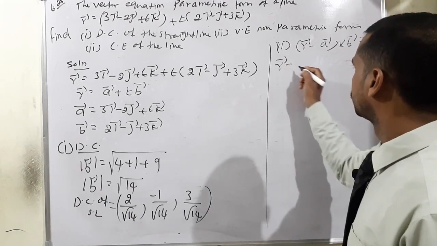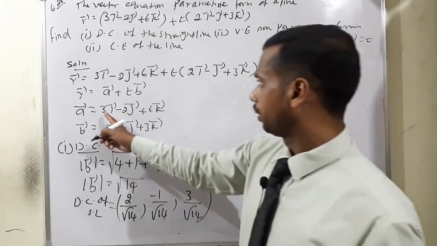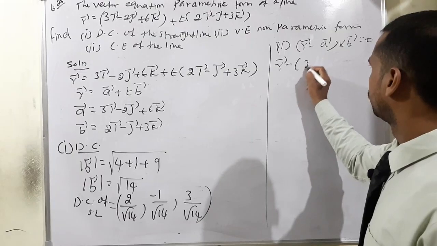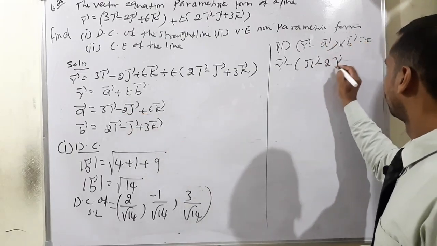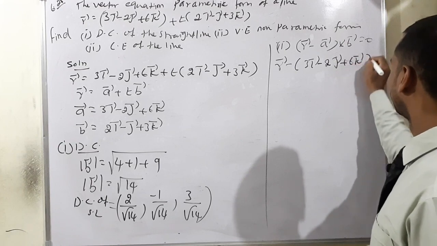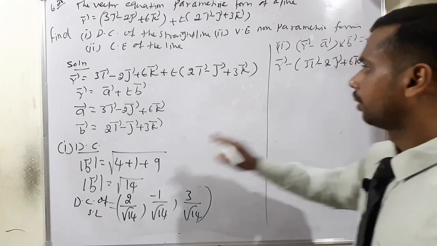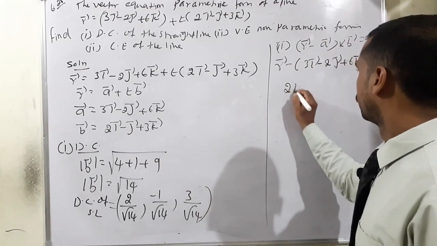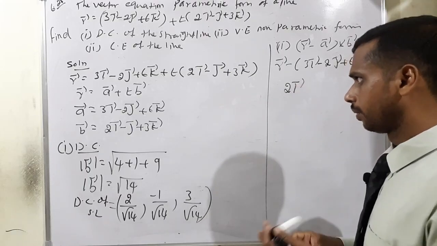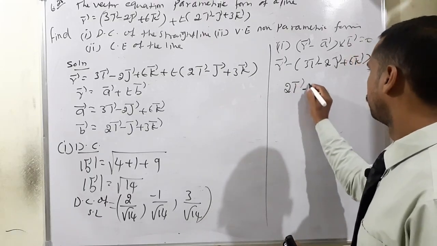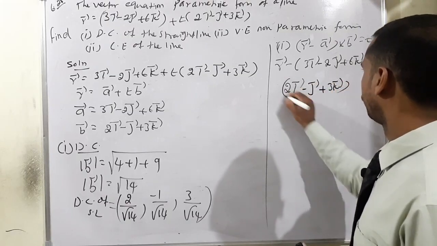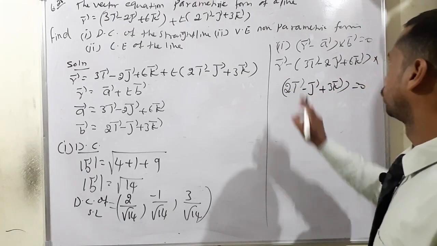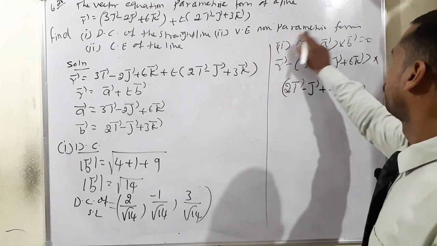So r vector as it is, a vector is 3i vector minus 2j vector plus 6k, then cross b vector, 2i vector minus j vector plus 3k vector, is equal to 0. This is the vector equation in non-parametric form.